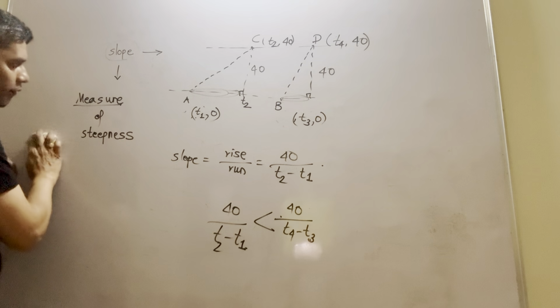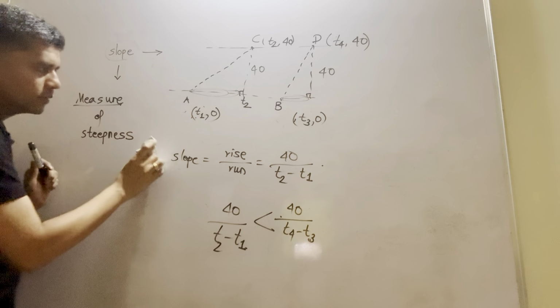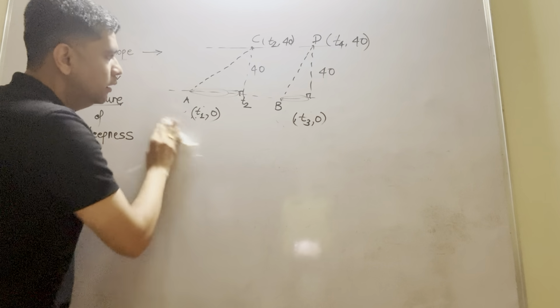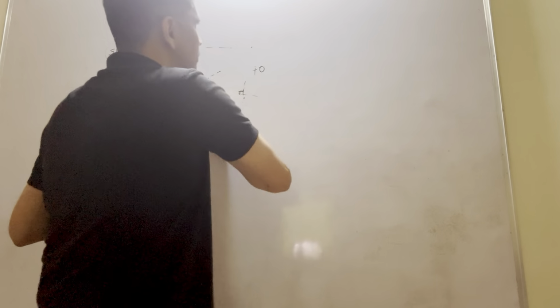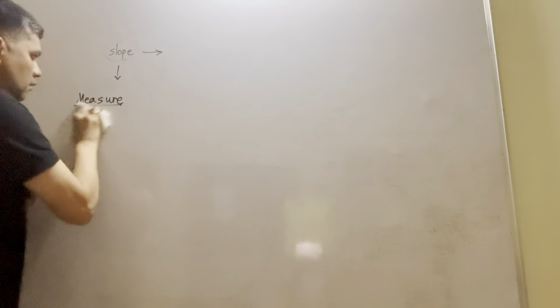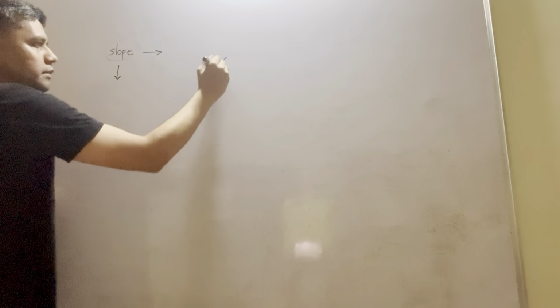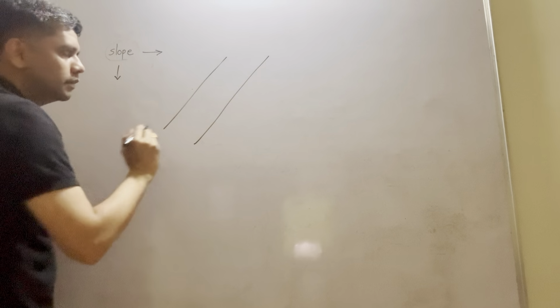Now, having understood that slope is a measure of steepness, let us look at two standard results associated with the slope. The first one is where you have two parallel lines. When we say the lines are parallel, they do not intersect, isn't it?